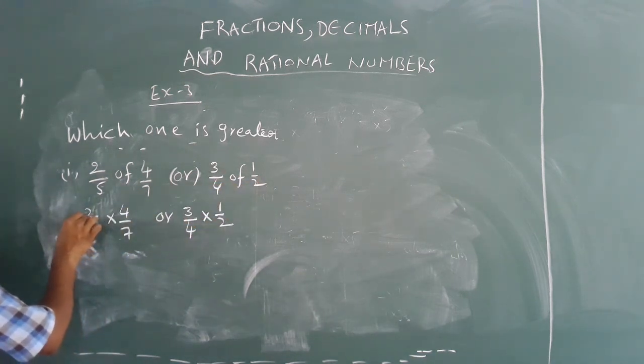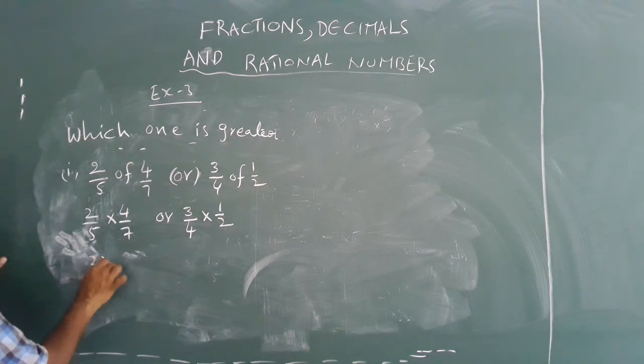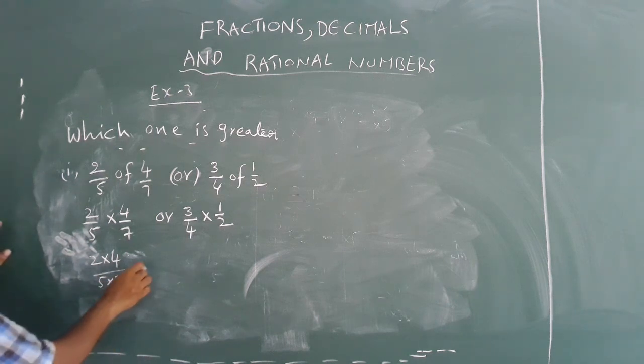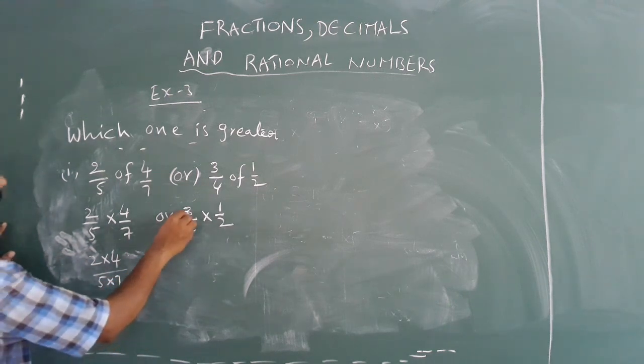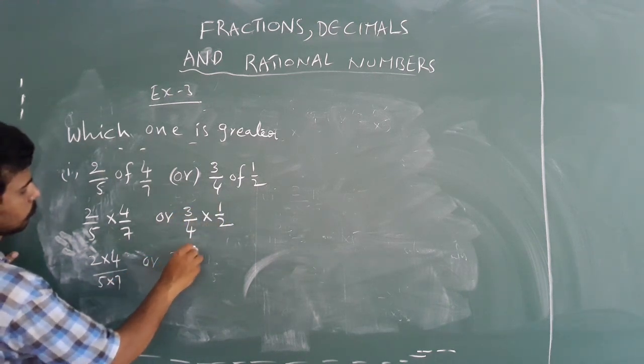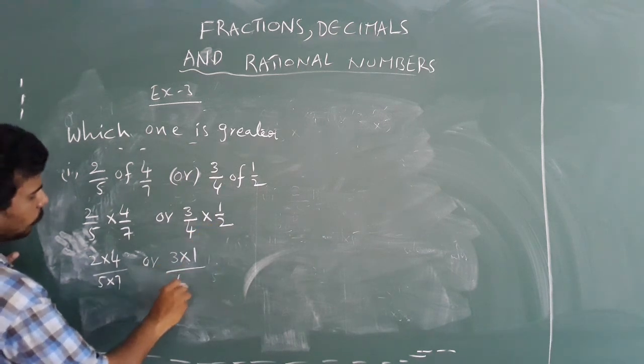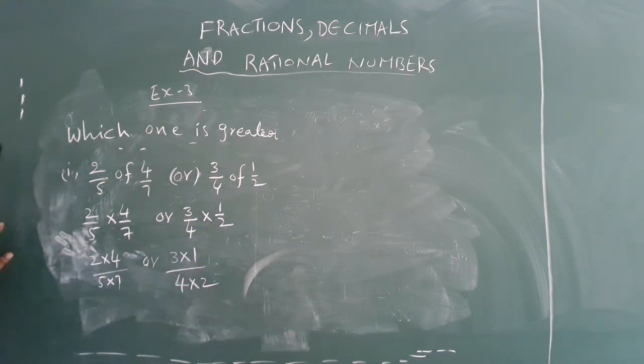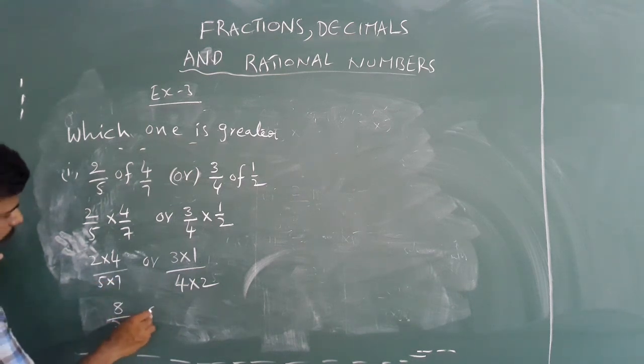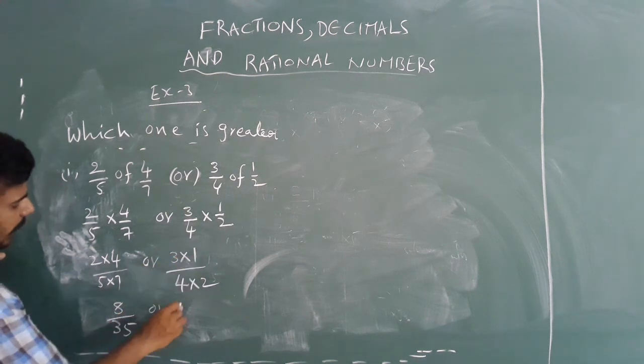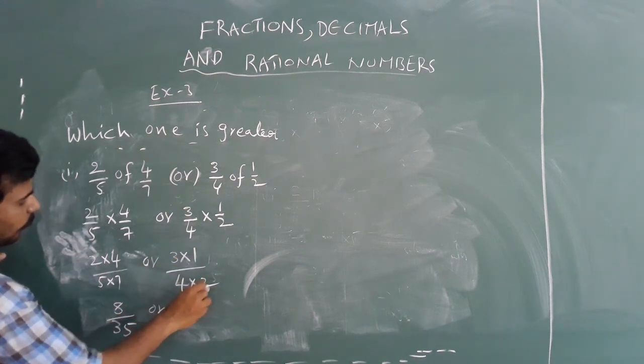Now, numerator into numerator, that means 2 into 4 by denominator into denominator, that means 5 into 7. Or 3 into 1 by 4 into 2. Clear? 2 4s are 8 by 5 7s are 35. Next, 3 1s are 3 by 4 2s are 8.